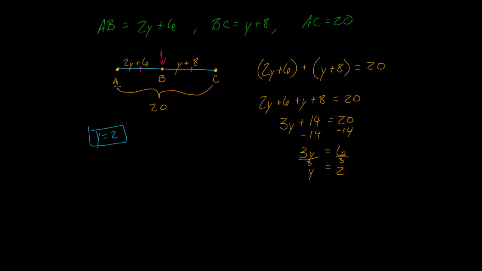Well, we know what y equals, so let's see what our segment AB is equal to. AB equals 2y plus 6. Substitute in: 2 times 2 plus 6. That's 4 plus 6. Now we can say AB is equal to 10.